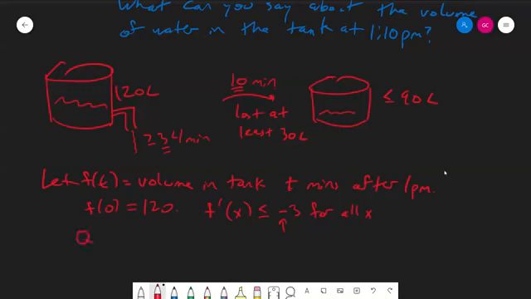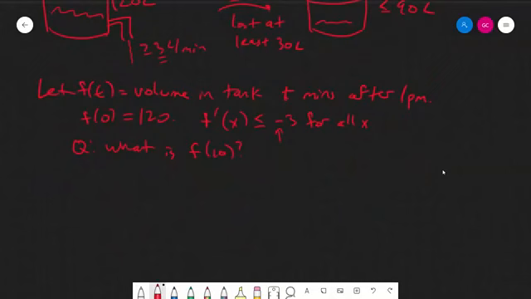And then the question is, what is f of 10? Or what can you say about f of 10? And so if I were to set this up the way that I set up the abstract example, I'd say, well, you're looking at f of 10 minus f of 0 over 10 minus 0. That's going to be equal to f prime of something.